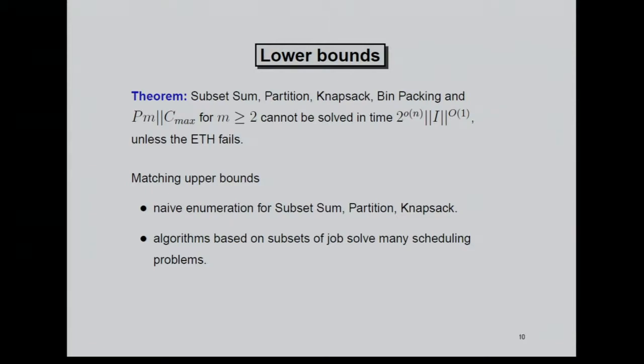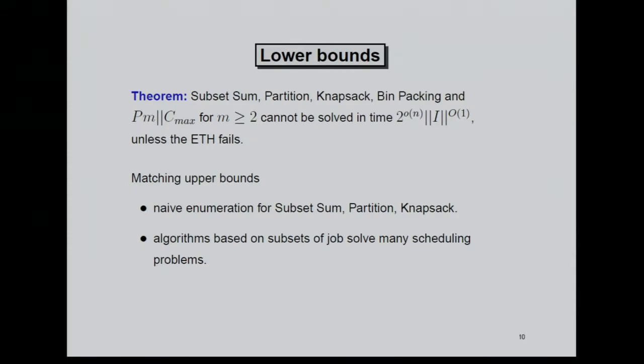Most of the algorithms, also for the scheduling problems, are based on subsets of the jobs. You enumerate the subsets of the jobs at the beginning, at time t, and then you continue and always have to store by some dynamic programming the subsets of jobs that you have executed already. And then you get algorithms with running times 2 to O of n. So how can you prove this result?